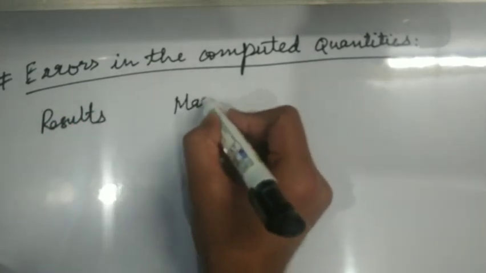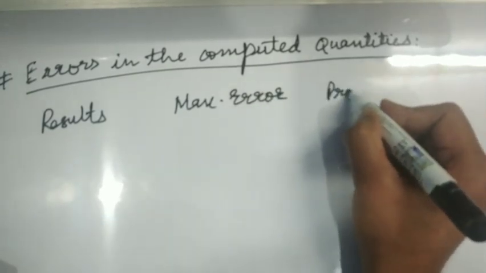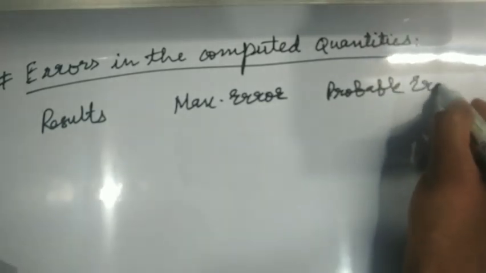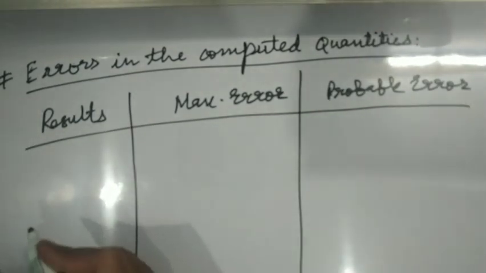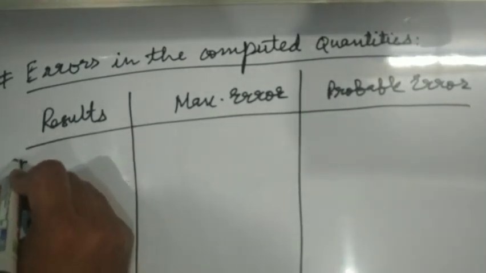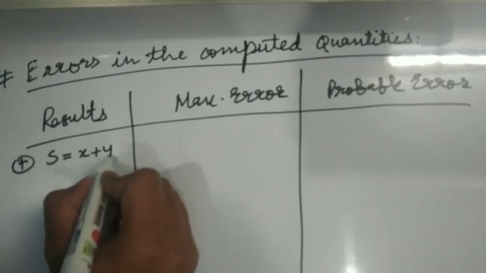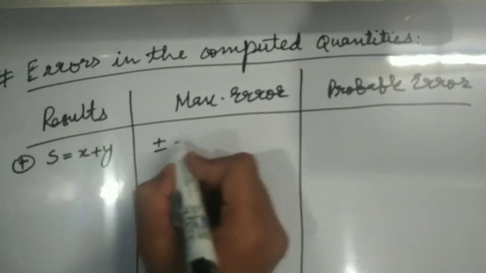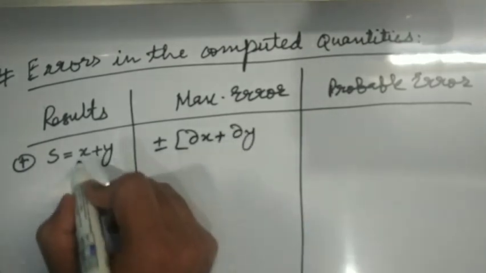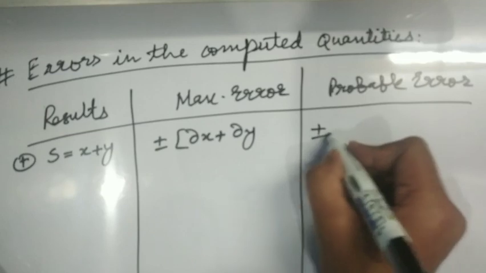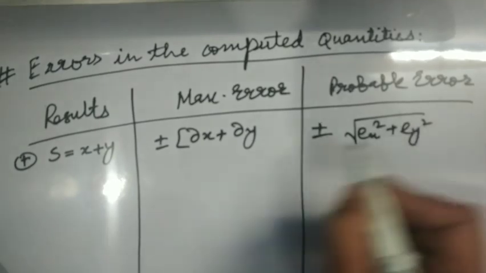Here is maximum error, and here is probable error. So in case of addition, I'll denote addition by plus. If our quantity is the sum of two quantities or measurements, then the maximum error will also be the sum of the errors of those quantities. And the probable error, the formula will be under root ex square plus ey square.